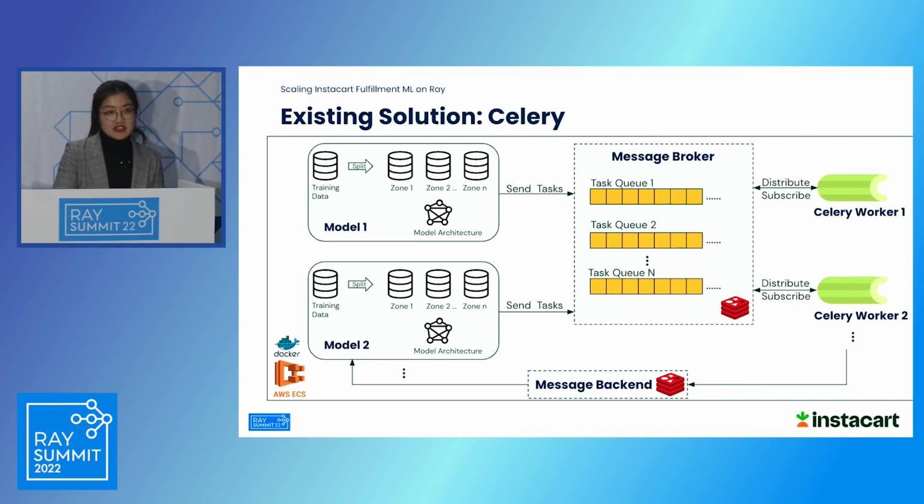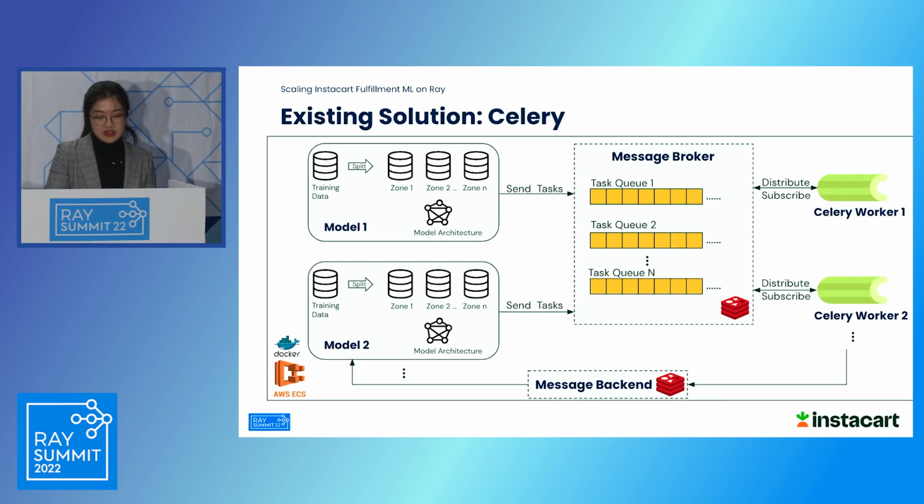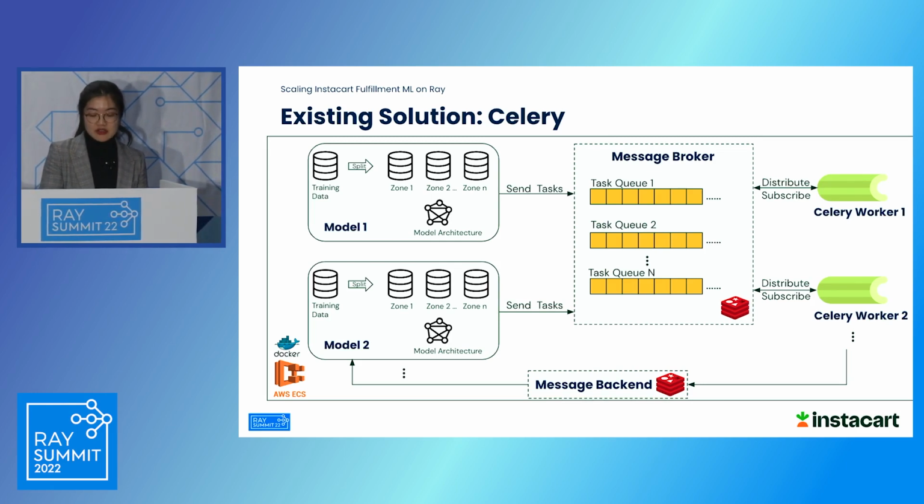When machine learning engineers want to enable a new type of model, they don't need to make any changes in the Redis cluster or in the Celery worker services. What they need to do is to redeploy the cron scheduler service by adding training task definitions and identifying the name of the task queue to connect those applications with.